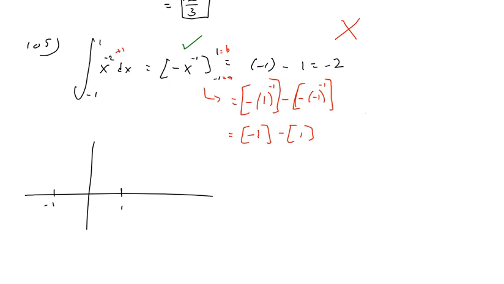This equation is f of x equals 1 over x squared. And that equation looks like this. Oopsies. Like this. Well, you get the idea. It has a vertical asymptote.